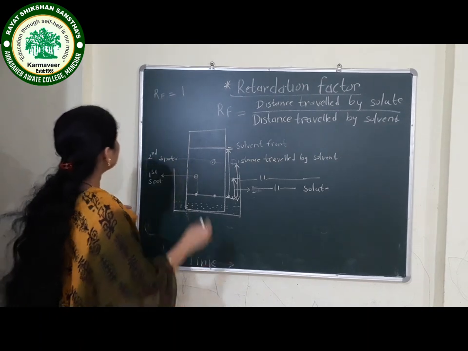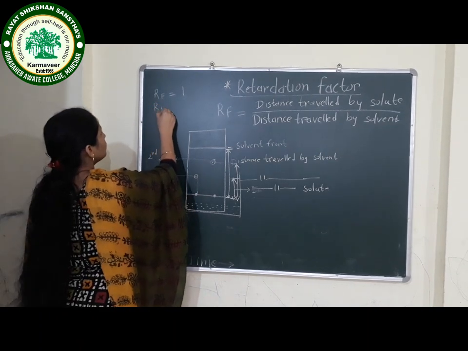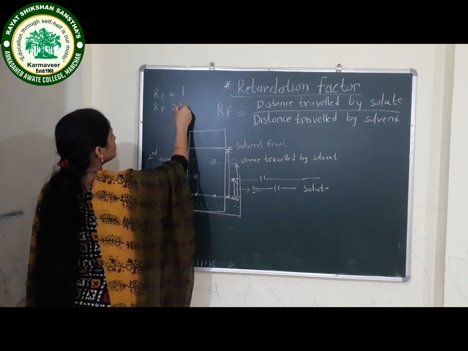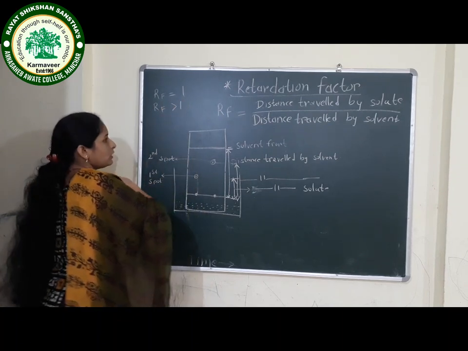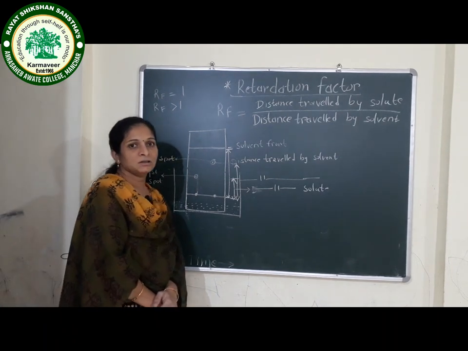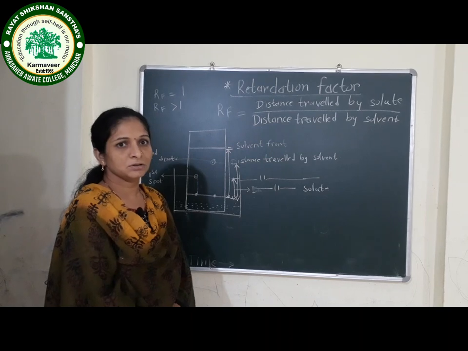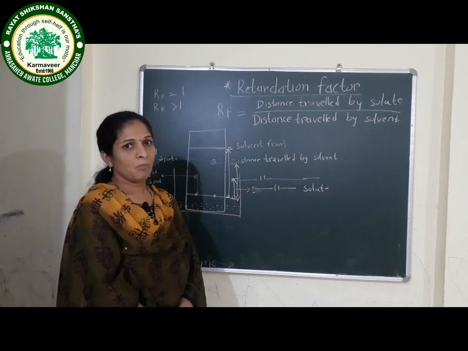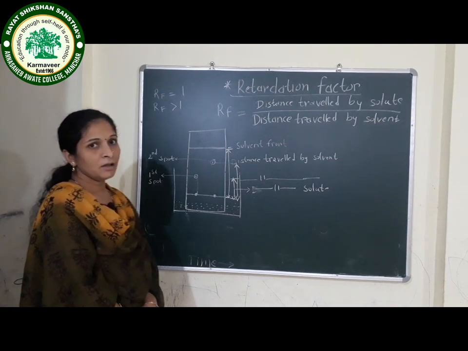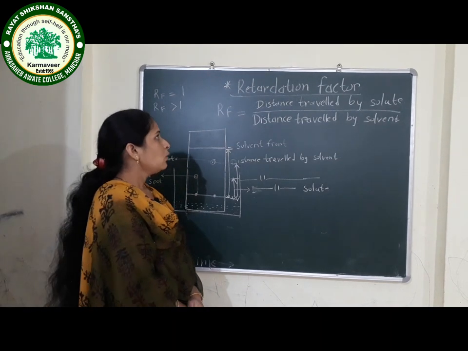Okay, now when the RF value is greater than 1, then what happens? Then all the components in the solute will transfer with the mobile phase. Therefore this RF value should be in between 0 to 1.